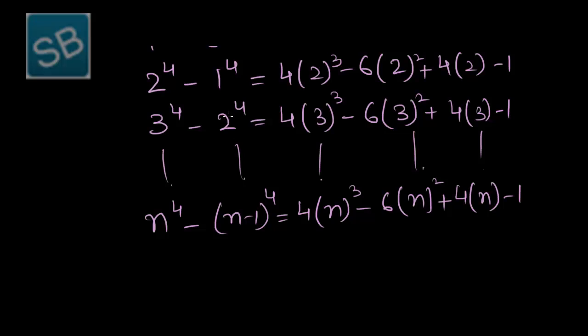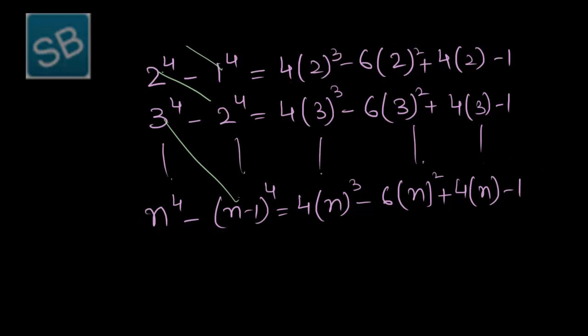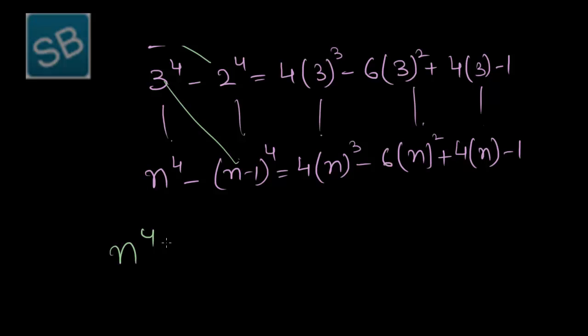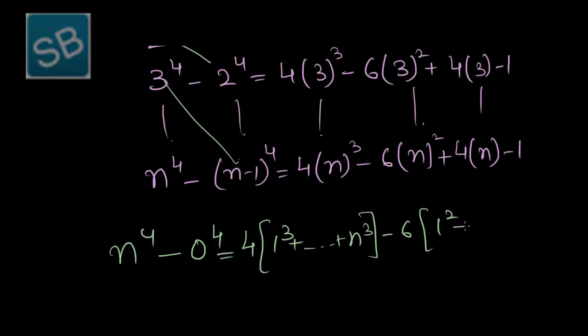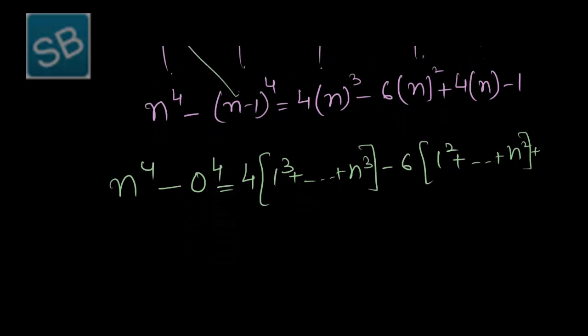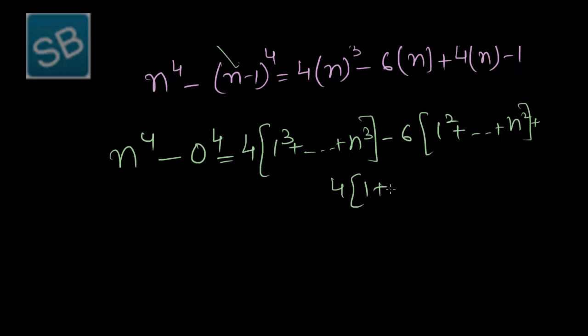So on adding we will get n raised to power 4 minus 0 raised to power 4 is equal to 4 times (1 cube up to n cube) minus 6 into (1 square up to n square) plus 4 into (1 plus up to n) minus (1 plus 1 up to n times).